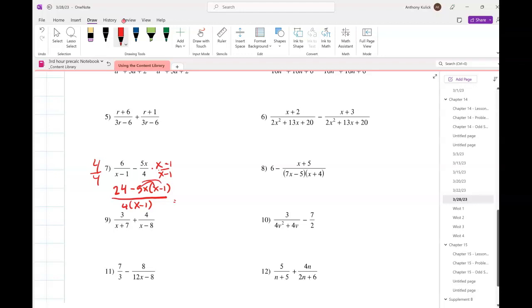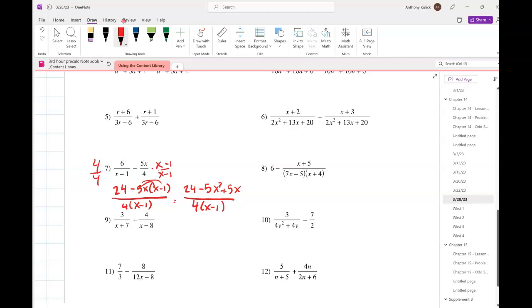Distribute through. And then I can try to factor and reduce that, but I don't think it factors or reduces, so they're basically done at that point.